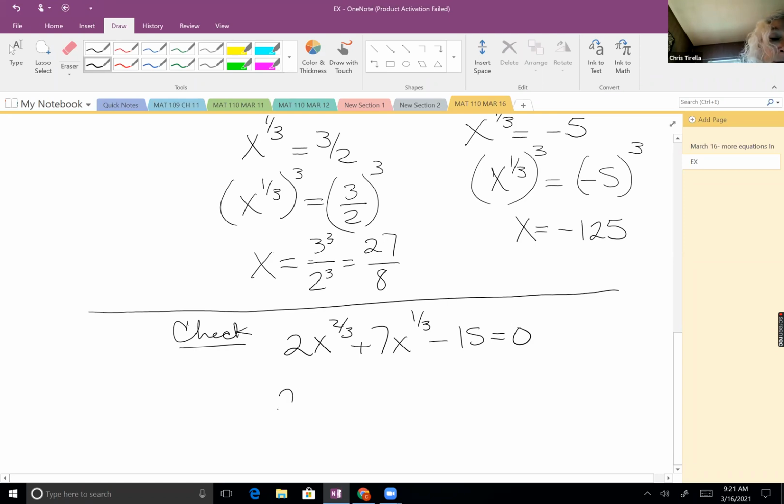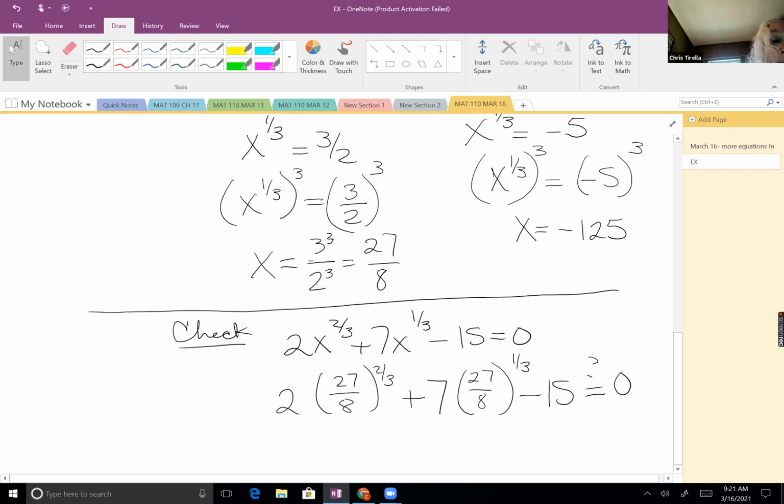So I'm going to take 2 times 27/8 to the 2/3 plus 7 times 27/8 to the 1/3 minus 15. And we're going to hope that that gives us a 0.